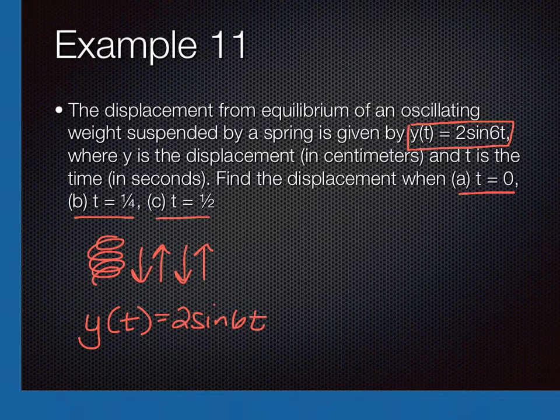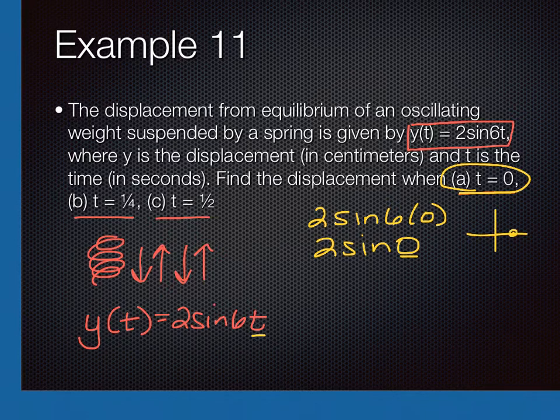So if you first want to find what the displacement is when t is 0, you just have to take that t and replace it with 0. So 2 sine 6 times 0 is 2 times sine of 0. It doesn't matter actually if it's in radians or in degrees.